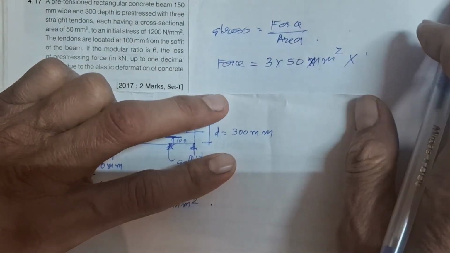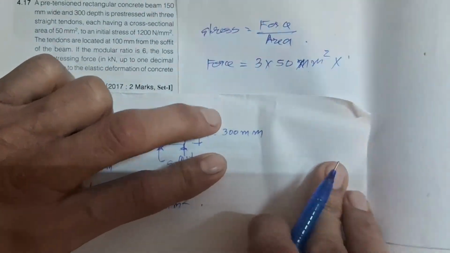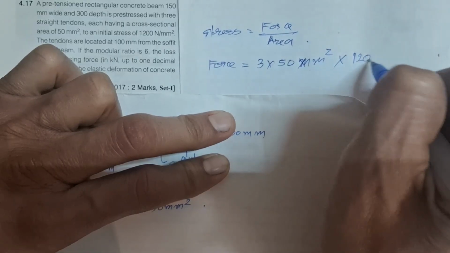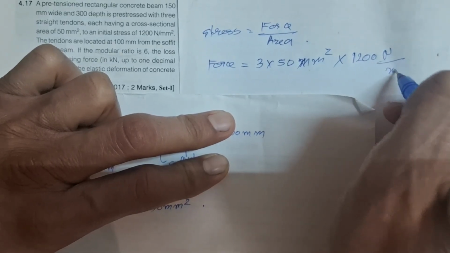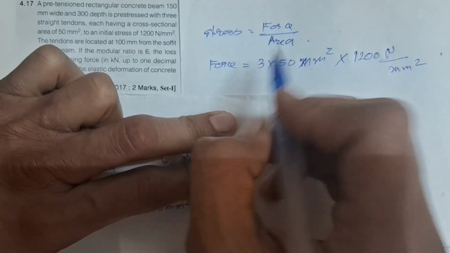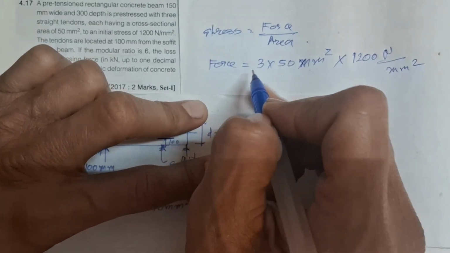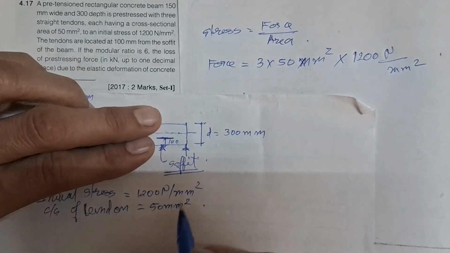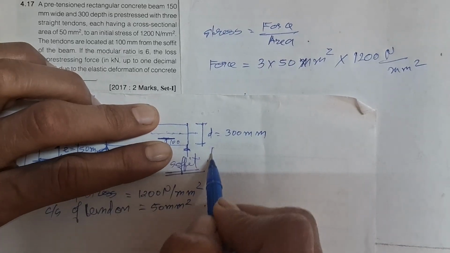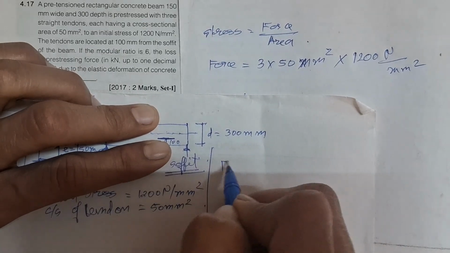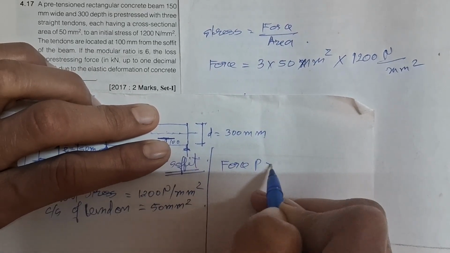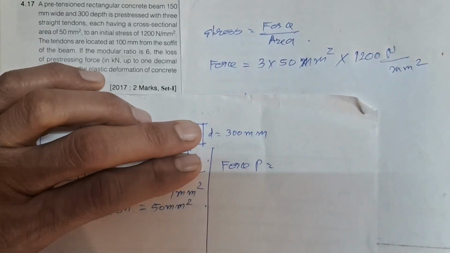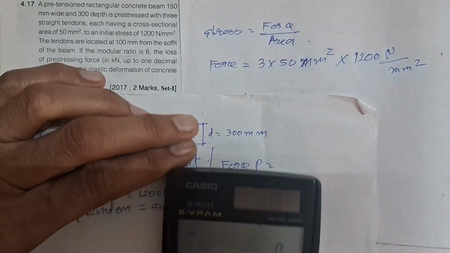So force P is equal to 3 into 50, that is 150, into 1200.